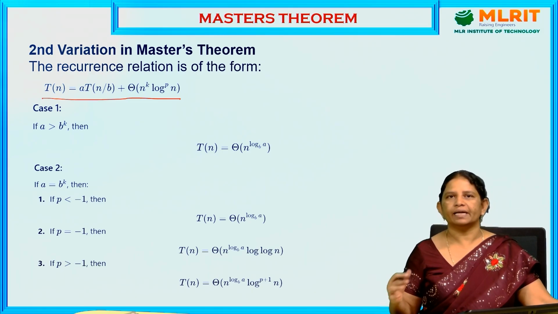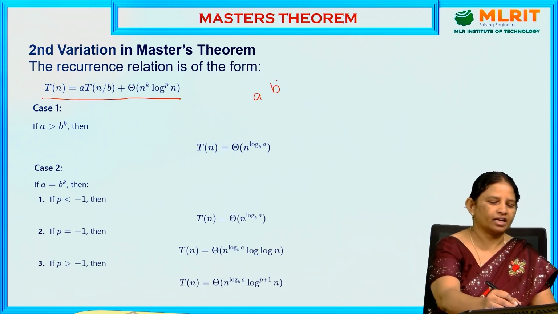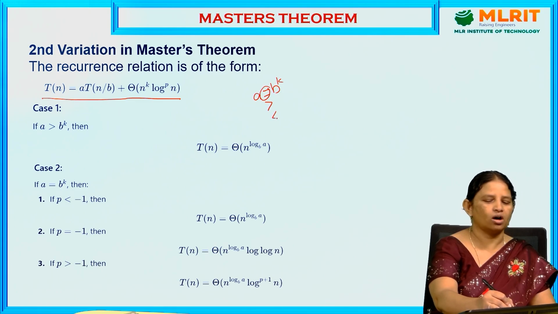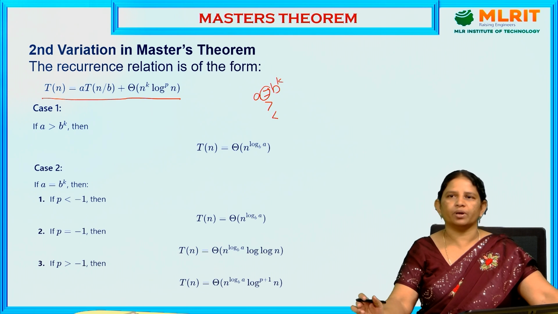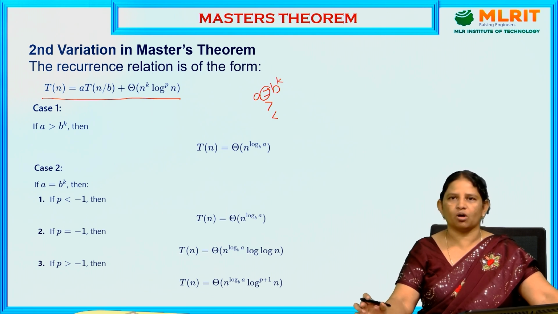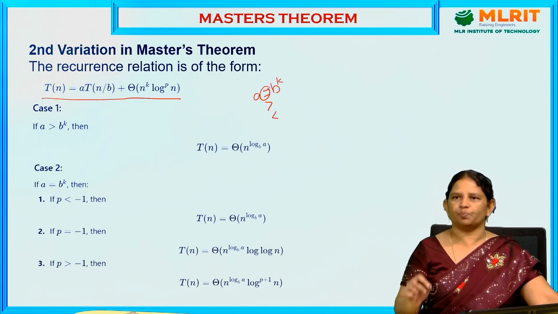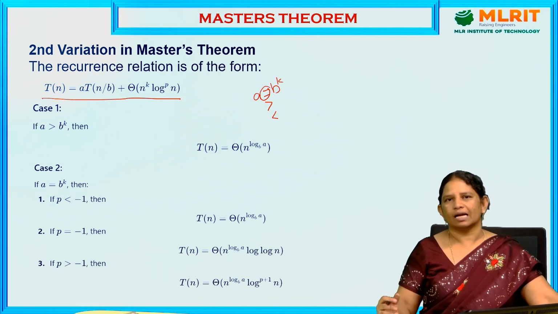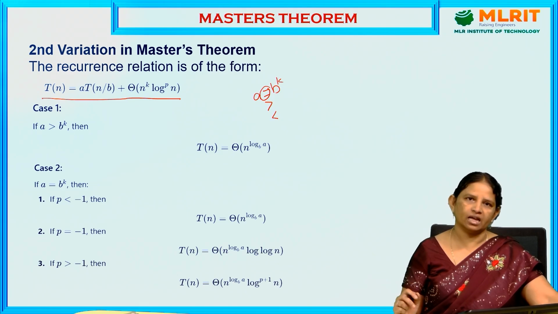Depends upon the value of a and b power k, whether it is equal or greater than or less than, we need to find the time complexity of the recurrence relation. Not only that, based on the p value also we need to do the classification whether it belongs to case 1, case 2 or case 3.